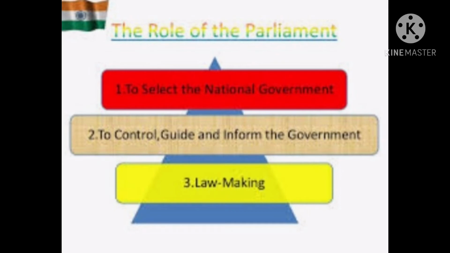Among these MPs, the Prime Minister will select some people to work with him to implement these laws. These ministers then take charge of different areas of government functioning like health, education, finance, home ministry, railways. So many portfolios are there, and ministers will take care of each portfolio.